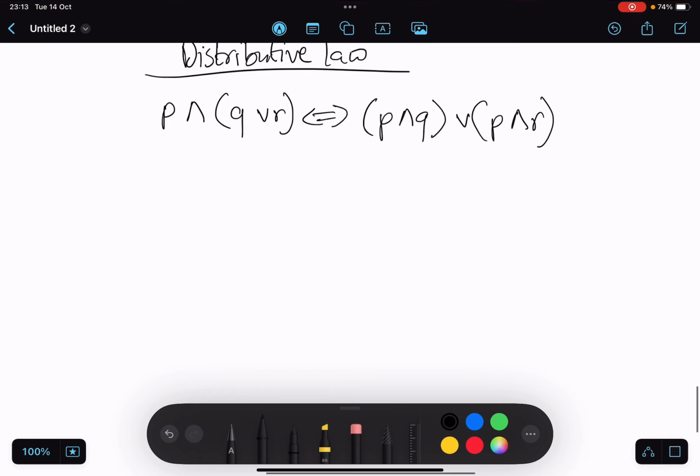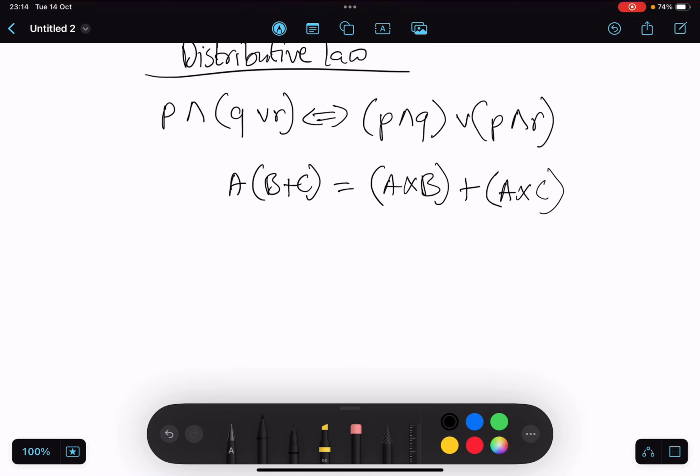Let me make an example of this: if we have A times (B plus C), this is also equal to A times B plus A times C. So it's the same thing.